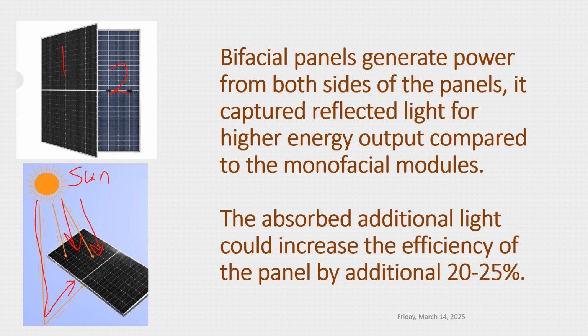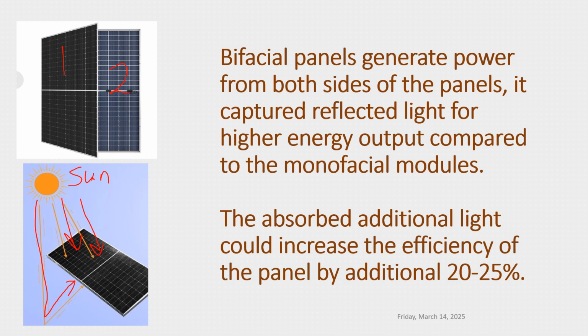The absorbed additional light could increase the efficiency of the panel by an additional 20 to 25%. If you read up, you can see many ideas, because the efficiency of solar panels is now going up to 25% as technology advances. So things are being done to increase the efficiency. Are you getting it?